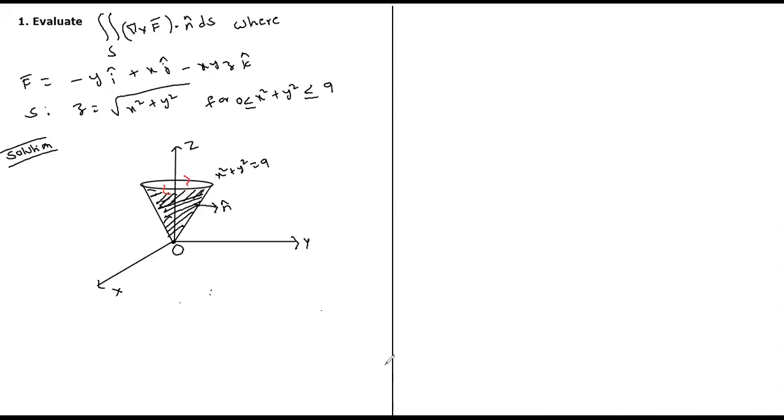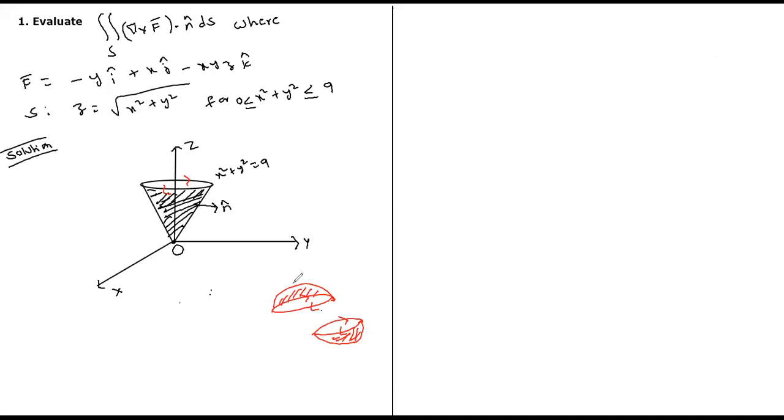Do you remember yesterday I discussed the upper hemisphere and the lower hemisphere? In case of an upper hemisphere, the orientation is like this. In case of a lower hemisphere, the orientation is like this. It all depends on which surface you are seeing it as a boundary of. That matters.